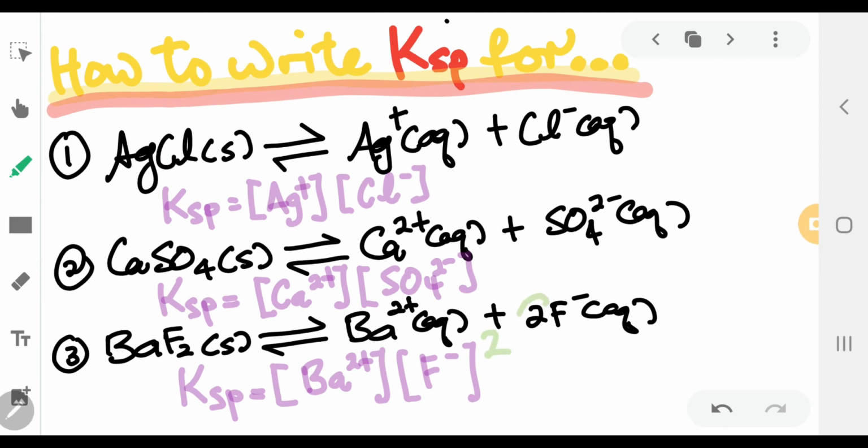Why? Because you have 2 moles right there. As you can see, the way we write Ksp is exactly the same as how we write Kc, Kp, Ka, and Kb. So it's quite simple.